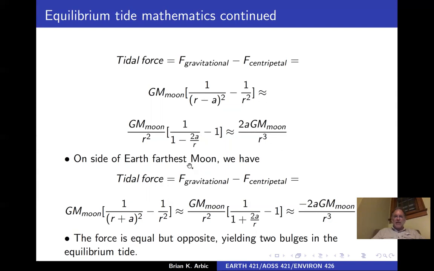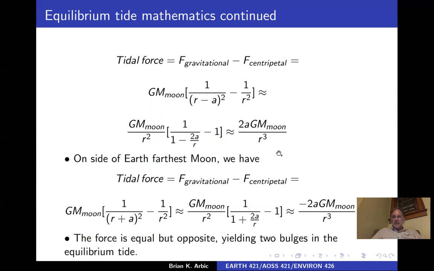And then on the side of Earth farthest from the moon, it's the same math, except now it's 1 over r plus a squared. And so you do the same kind of math, and now you get a negative sign. The force is equal but opposite, yielding 2 bulges in the equilibrium tide.